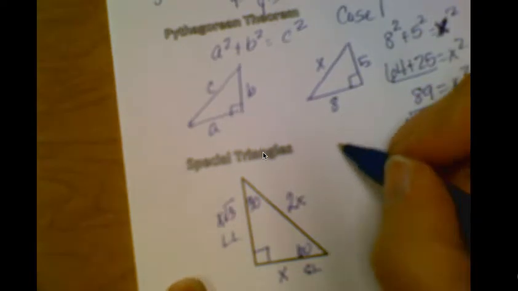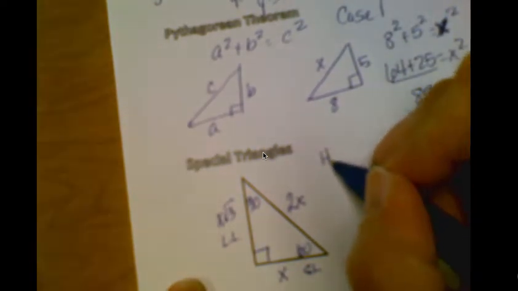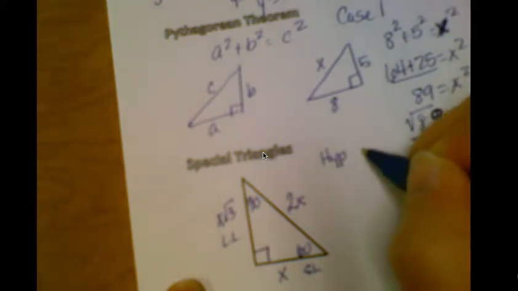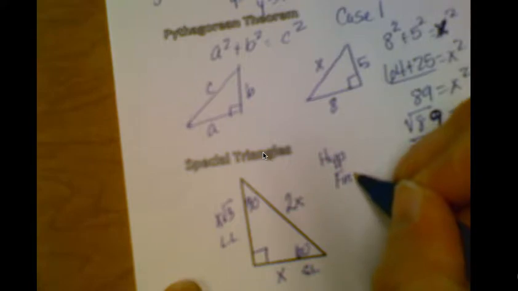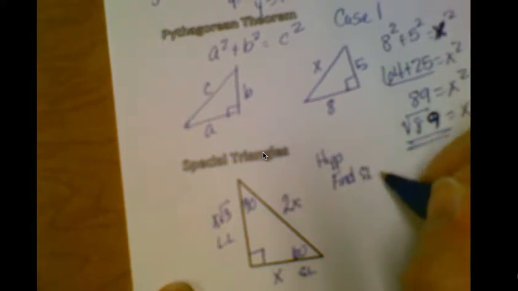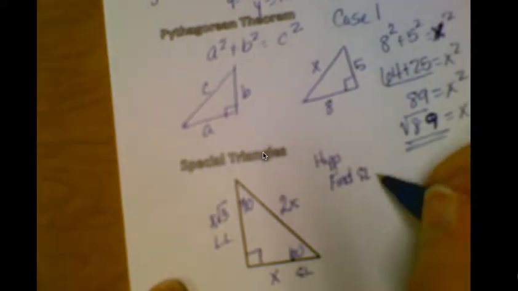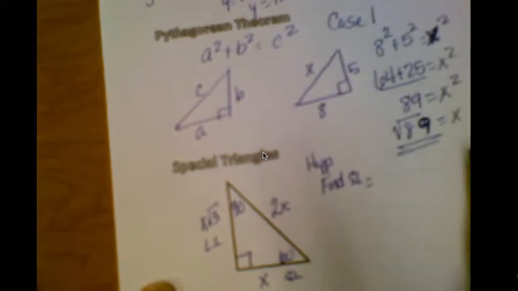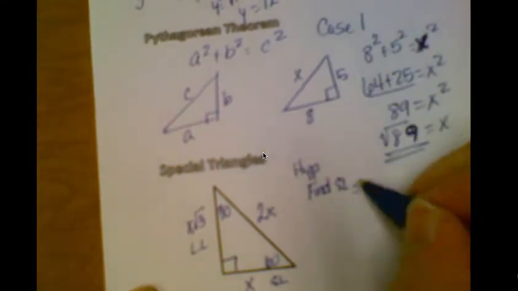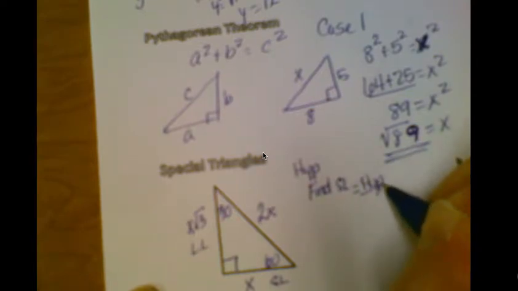So if you're given the hypotenuse and you want to find the short leg, the whole purpose of finding the short leg is because it's the key point to find all of those. Okay, so to find the short leg, I take the hypotenuse and divide it by 2.